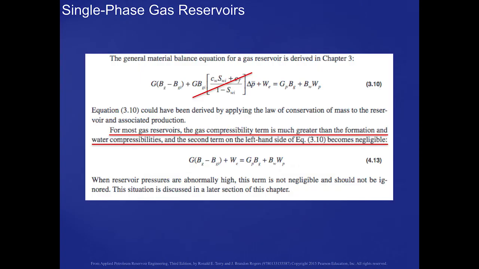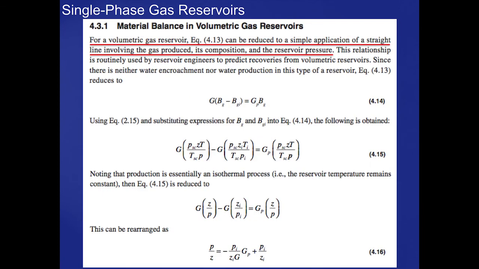For a volumetric gas reservoir, equation 4.13 can be reduced to a simple straight line involving the gas produced, its composition, and the reservoir pressure. So if we take equation 4.13 and expand it by placing in the definitions of B sub G and B sub Gi, we end up with equation 4.15, noticing that some of the terms in the equation will cancel.